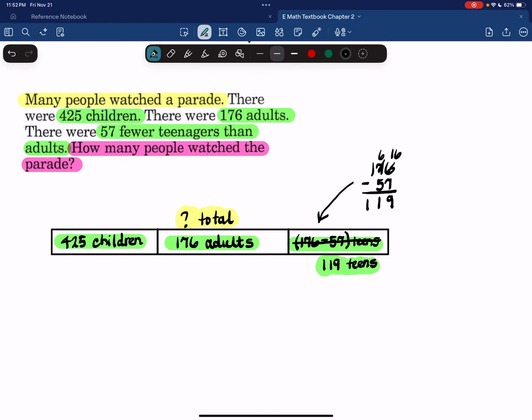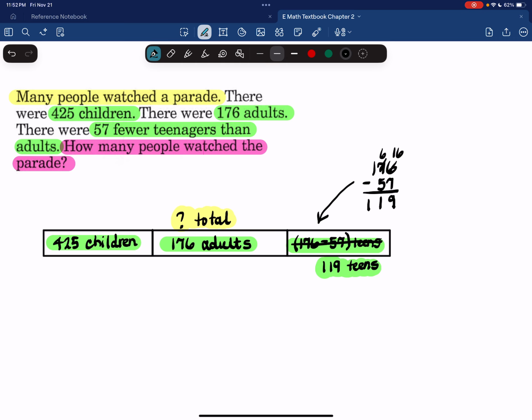Now to get the total, what would you do? I would take the children, the adults, and the teenagers and add them to get the total. 6 and 5 is 11, plus 9 is 20. 4 and 7 make 11.